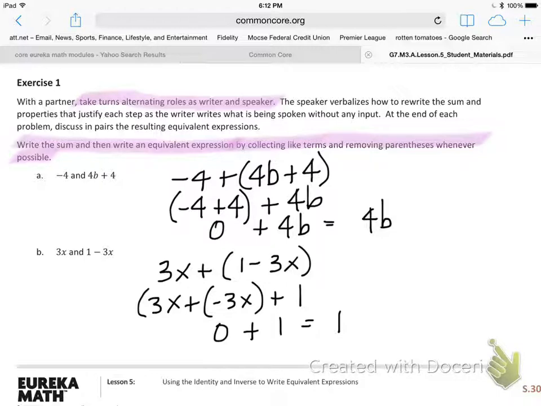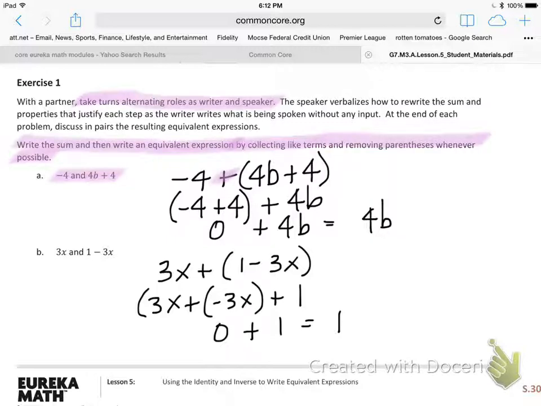Okay, I actually went ahead and did through E, so maybe you did as well. But here we go. So A here, again, just writing it is probably one of the most difficult parts to think about. So -4 and 4b plus 4. Of course, you write it out, and that 'and' just means addition, like we've done before.